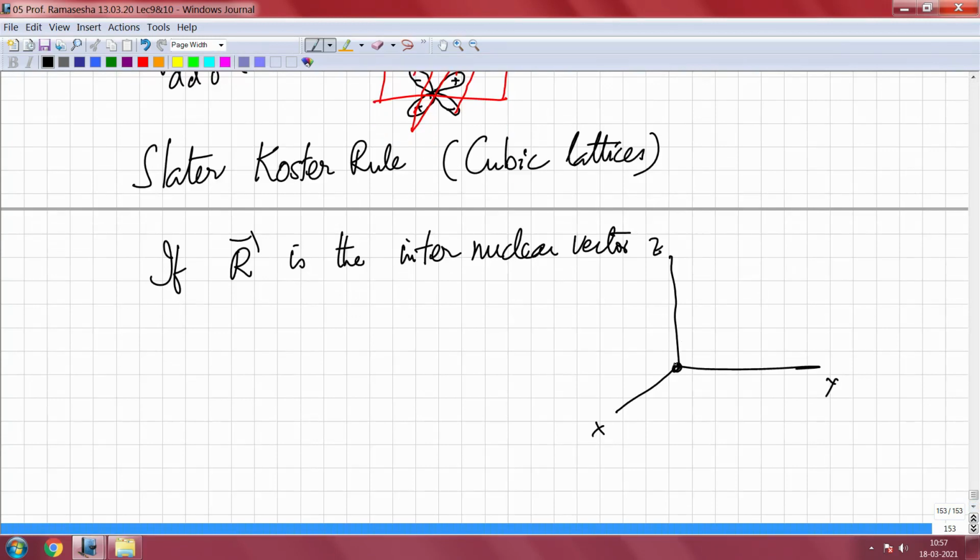So this is one atom and the other atom is here, A and B, and you have this vector R_AB.